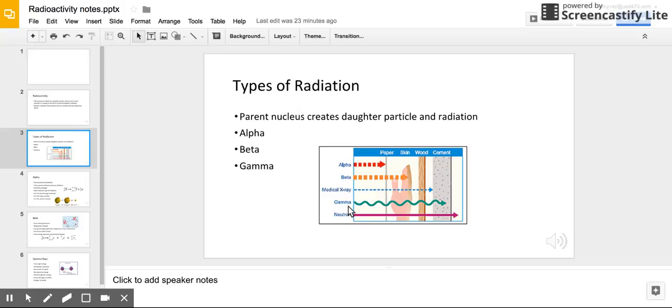And then gamma rays, they can penetrate paper, skin, wood, all the way up into cement, or it can also be stopped by dense materials such as lead. And then a neutron emission can penetrate even further. And we're going to talk about why in the future of this presentation.